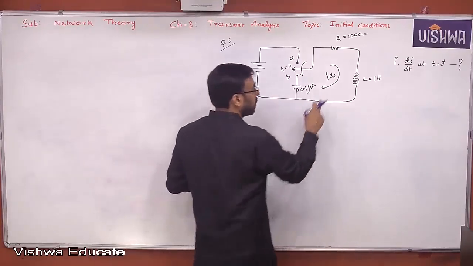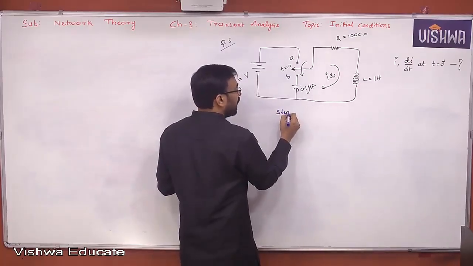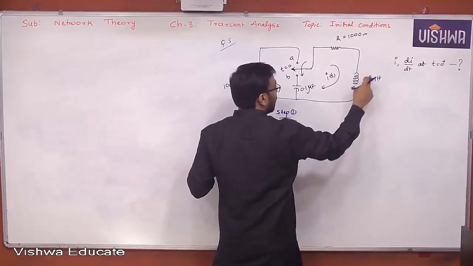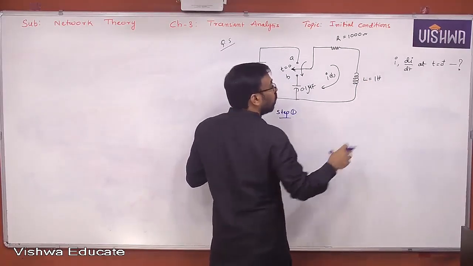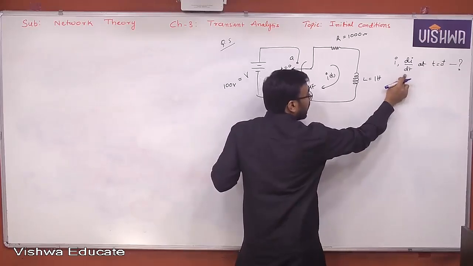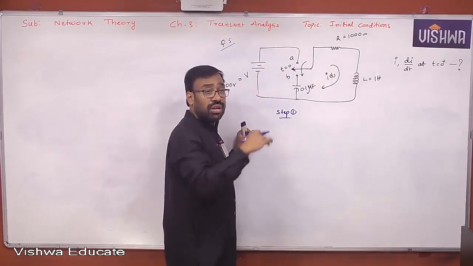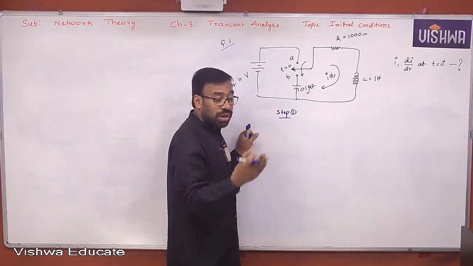Therefore, look at this here, current through inductor. Step 1. Definitely from the problem itself we will understand. From step 1 only you will get the answer here, I of 0 plus, without going for step 2. But what is the another quantity asked here? Derivative term. According to the old procedure we discussed in the initial stage of this chapter, I told you go for step 3.